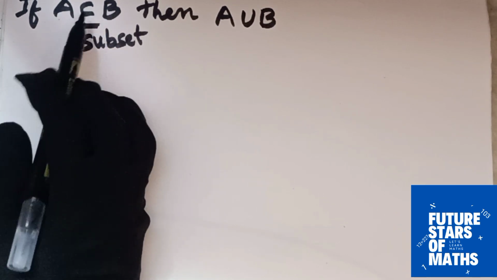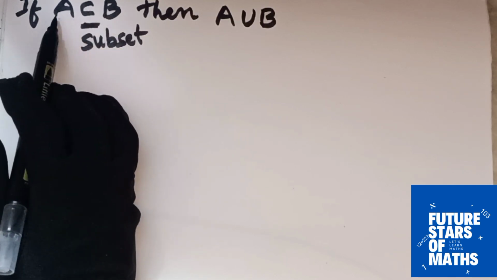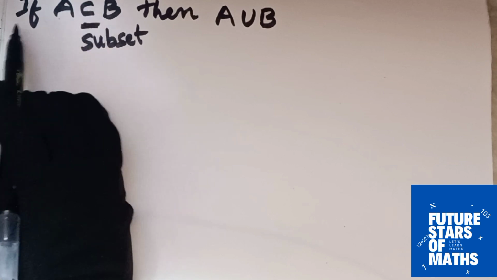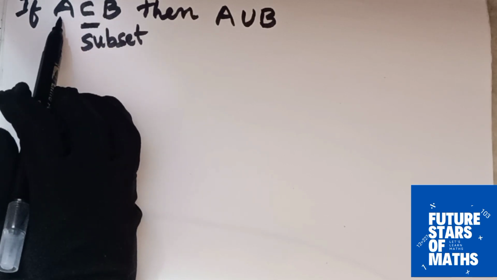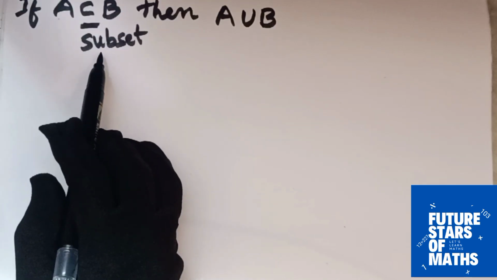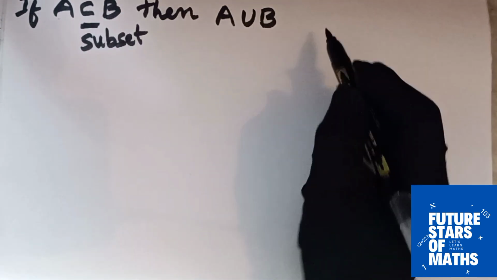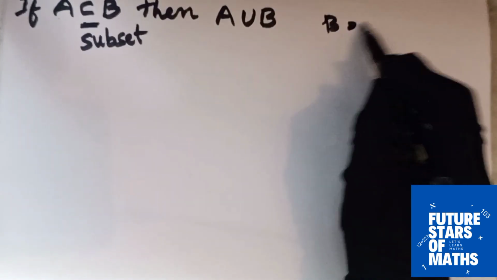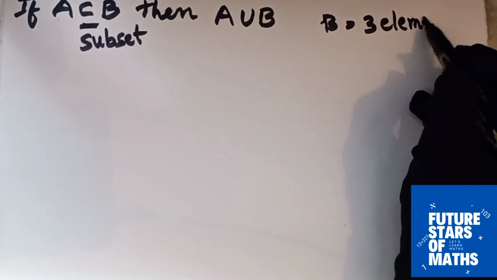How does the set A come from B? From the elements which are in B, if a few elements are taken out, then we get a new set that is called A. So, many subsets can be formed. It depends upon the elements which are there in B. Suppose B contains 3 elements, then how many subsets do you get?